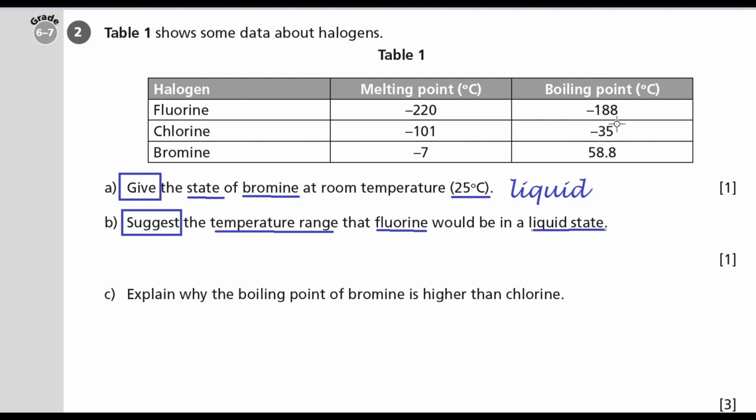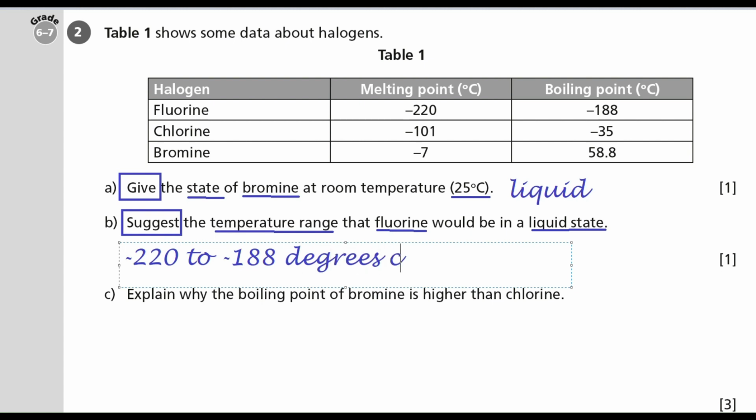Therefore, fluorine can be both a gas and a liquid at this temperature. So the highest temperature that fluorine can be a liquid is -188. Therefore, the range is as low as -220 and the highest is -188 degrees Celsius.